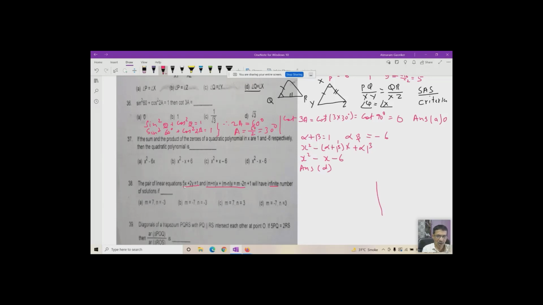So the first ratio is 5 upon m plus n. The second ratio is 2 upon m minus n. And the third ratio is 1 divided by m minus 2n plus 1.